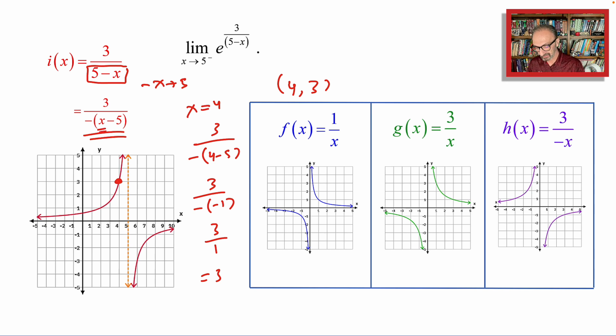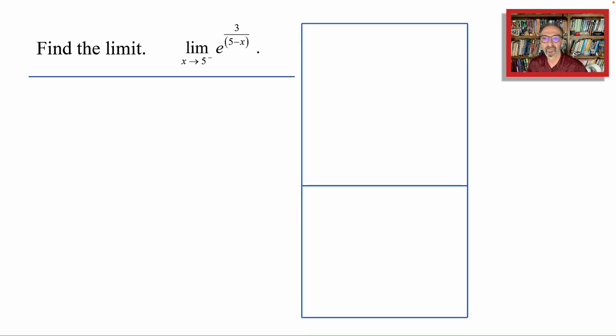I think that's good enough to understand the graph of 3 over 5 minus x. Let's move on to the main part. So, to summarize what's going on, that's the limit that we need to understand. And we know now the graph of 3 over 5 minus x.